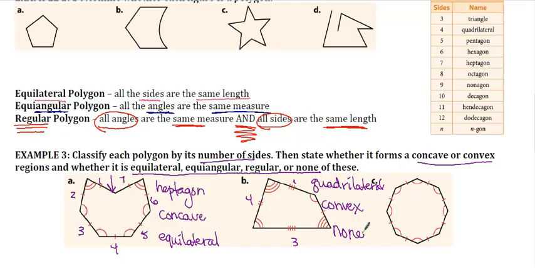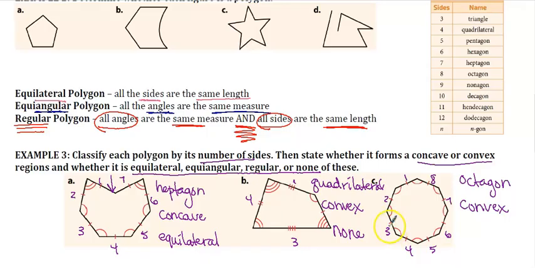All right, let's look at C. Okay, so C has 1, 2, 3, 4, 5, 6, 7, 8 sides. An 8-sided polygon is an octagon. Very good. All right, is it concave or convex? Does anything cave in? Nope, so it's convex. All right, and is it equilateral, equiangular, or none?